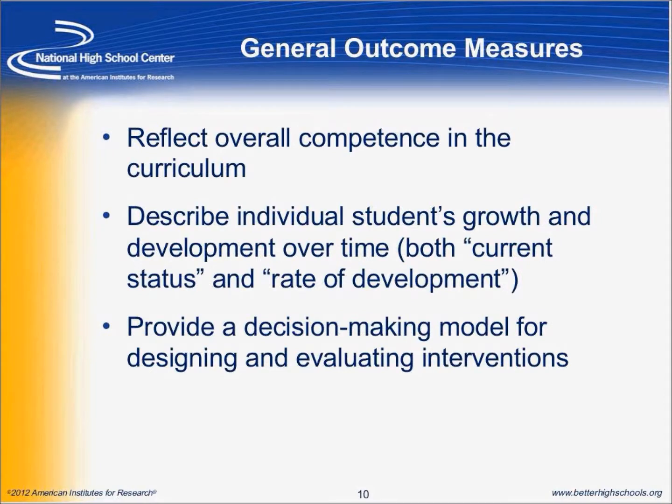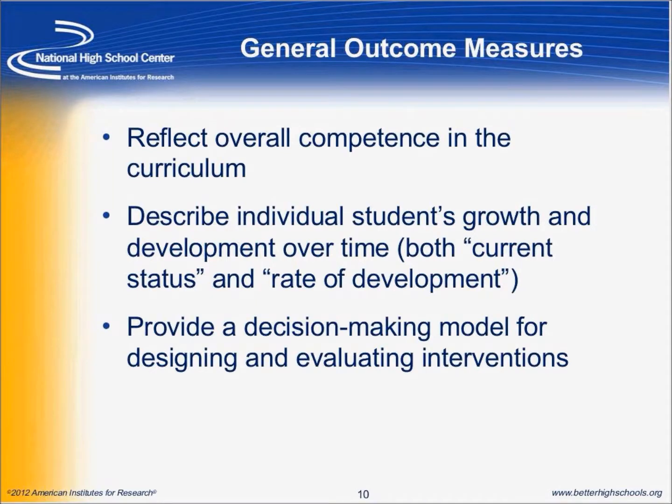General outcome measures also provide decision-making models for designing and evaluating interventions. So as you are thinking about selecting interventions, as you're implementing interventions, it's helpful to know the difference between mastery measurement and general outcome measures, specifically related to progress monitoring. This general outcome measurement does give you that growth over time.